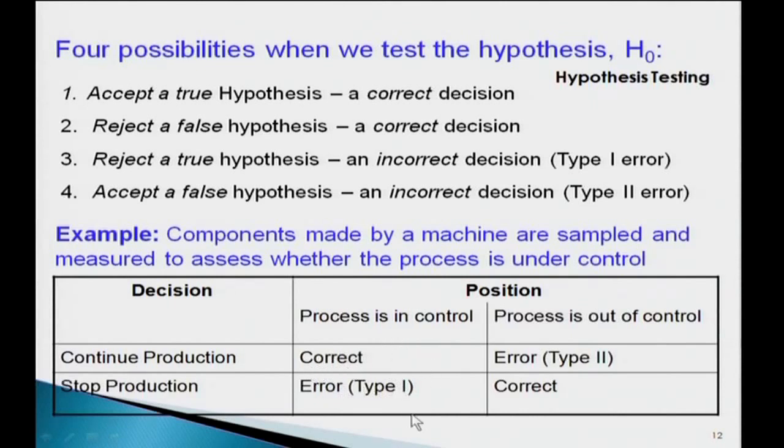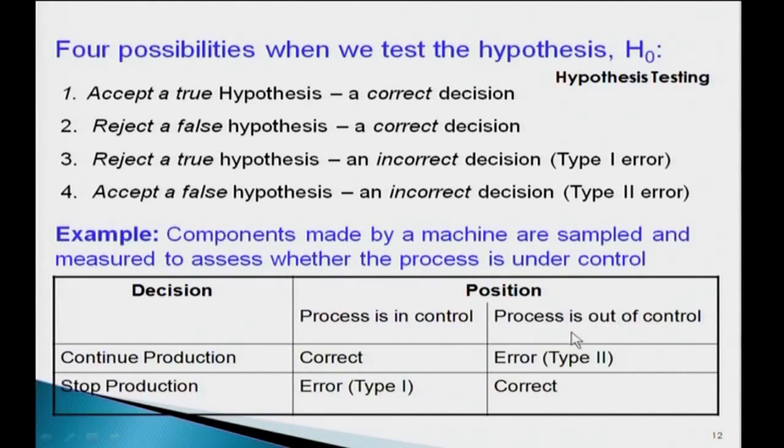So, in spite of that permissible limit, if he stops the production as a supervisor, because he has the power to stop, then that will be type 1 error. So, type 1 error is rejecting a true hypothesis. The hypothesis is correct and you are rejecting it.